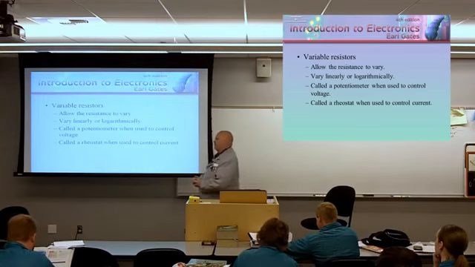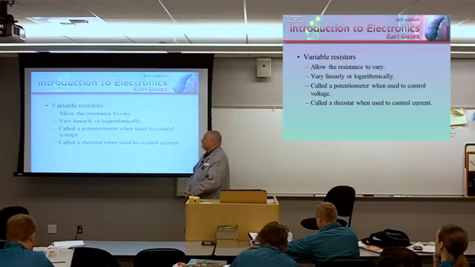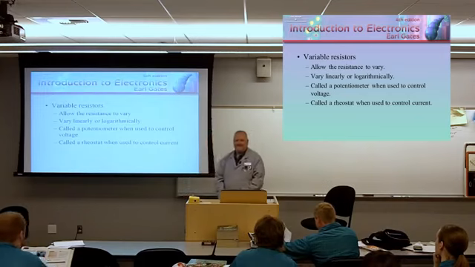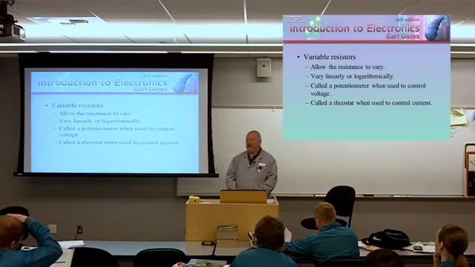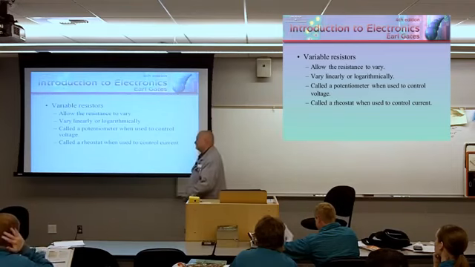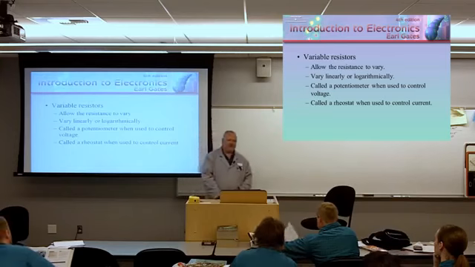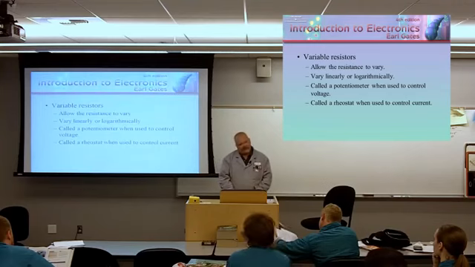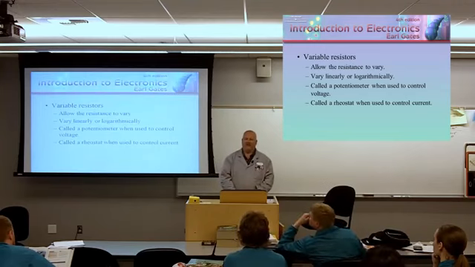These variable resistors, when they're configured as a potentiometer, also known as a pot: when we configure it to control voltage, we call it a potentiometer. I'll show you how we do that in a second.